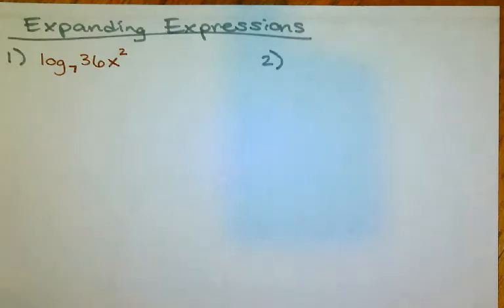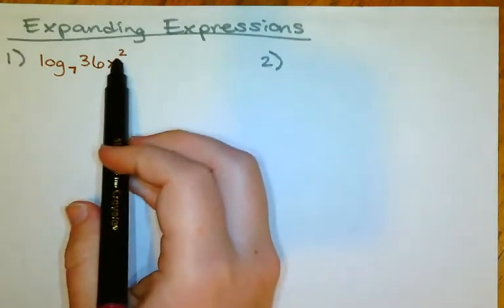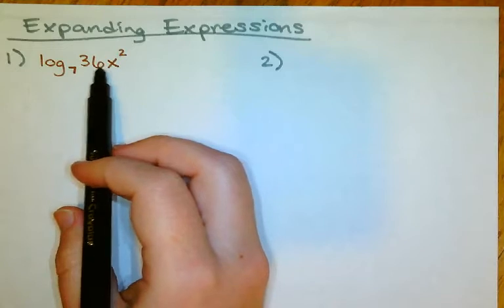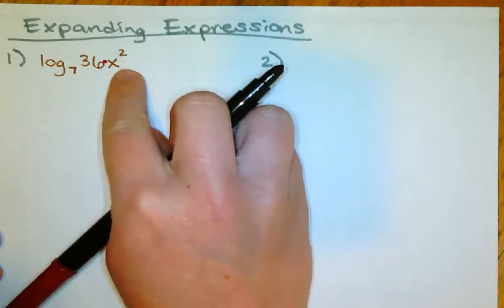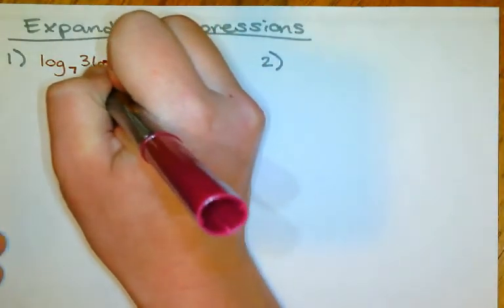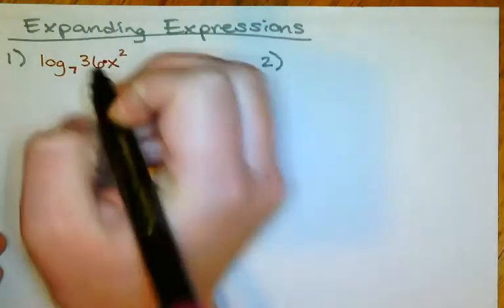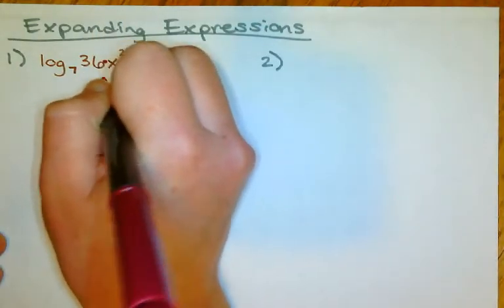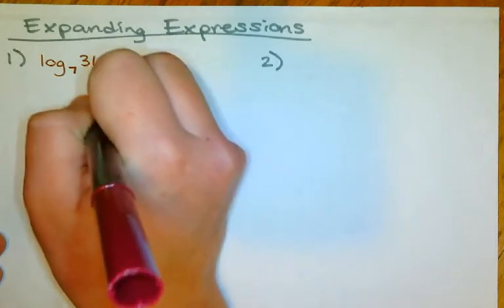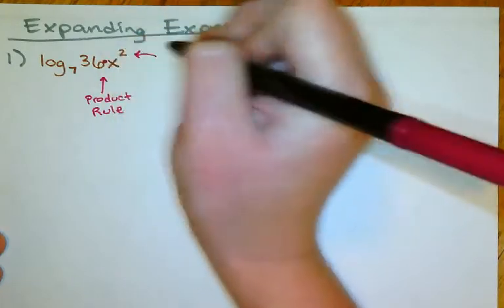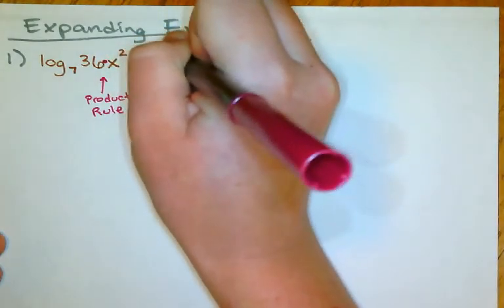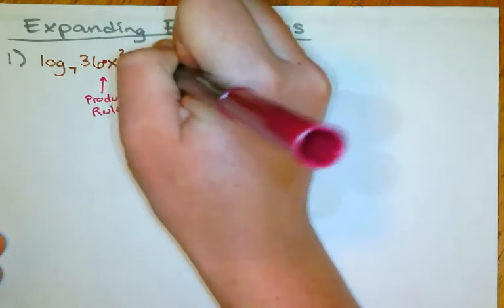So, what do you see? We see a power, and we see multiplication, 36 times x squared. That is the product rule. And then this right here, we're going to be using the power to a power rule.